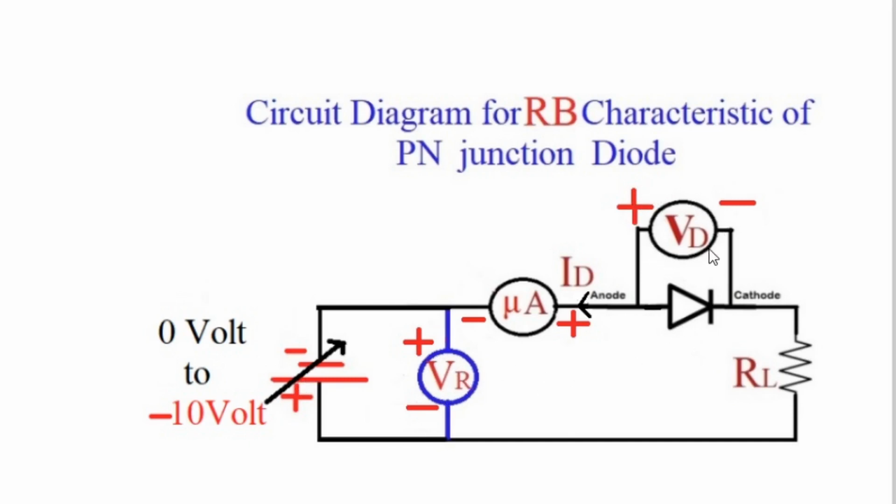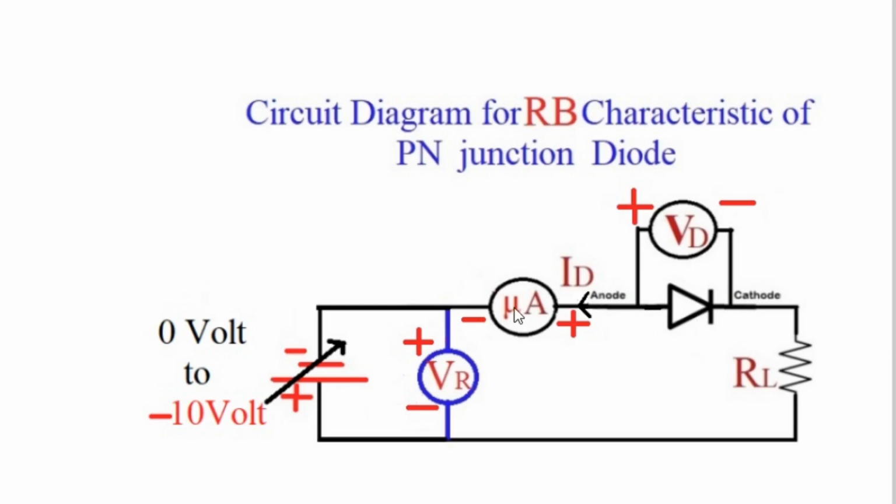The measured voltage across diode will be again minus, because positive of this voltmeter is connected to negative of battery and negative of this voltmeter is connected to positive of battery. Therefore, these two things are minus and your current flowing is 0, which you have shown. But if you write the current, that current will be in negative only, because that is a reverse current flowing from cathode to anode.